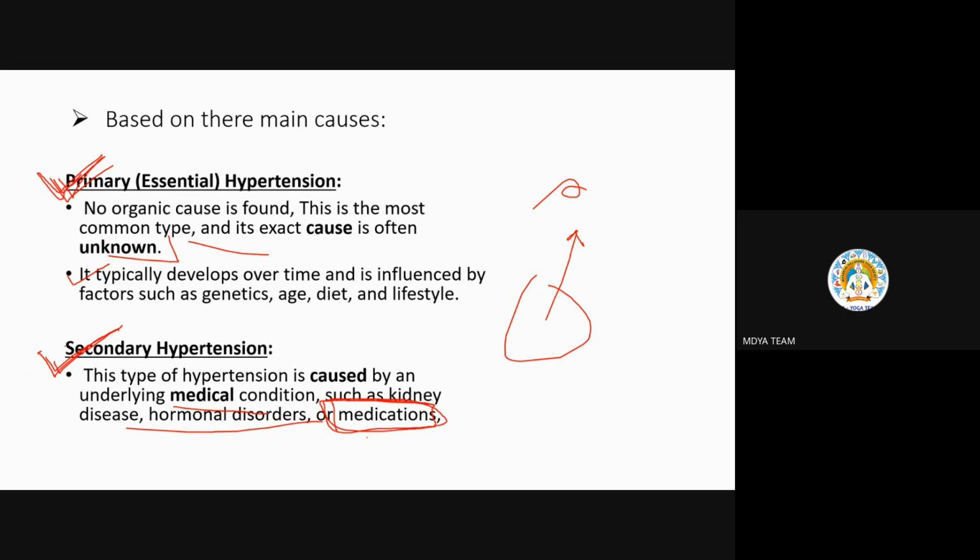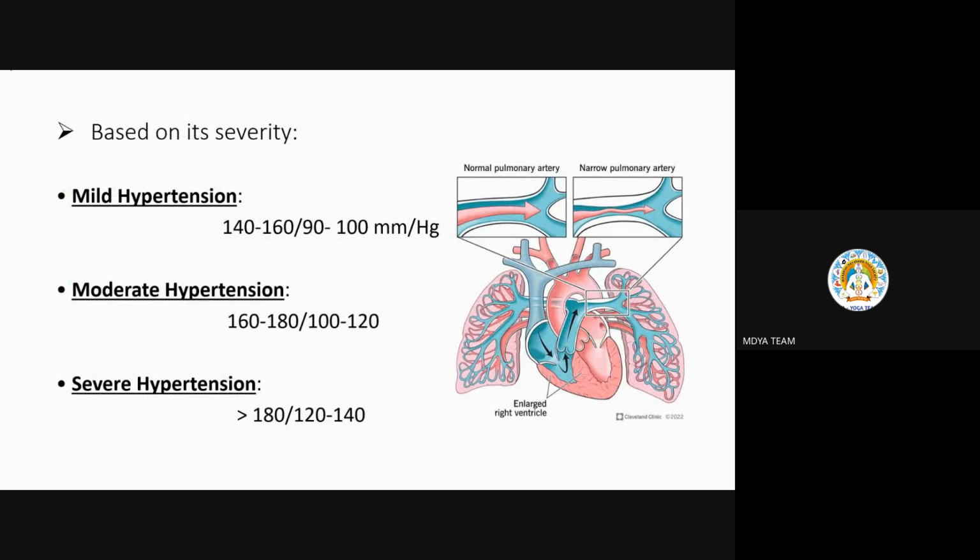And there is stage 1 and stage 2, on the basis of the upper number and lower number changing. Based on severity, it is divided into mild hypertension, moderate, the middle one, and then severe. As 120 is perfect, mild is 140 to 160 upper number and 90 to 100 lower number.